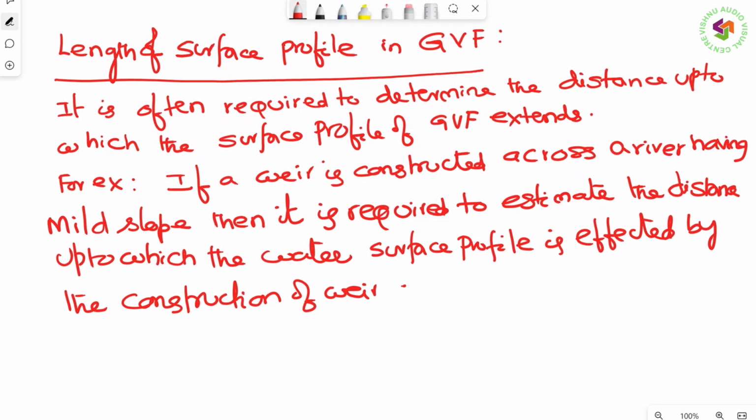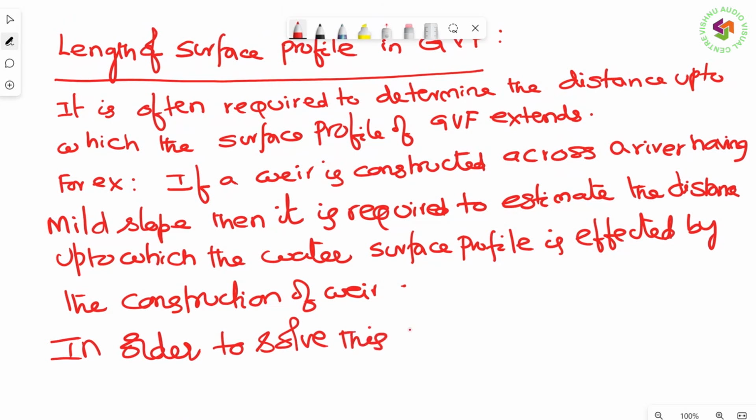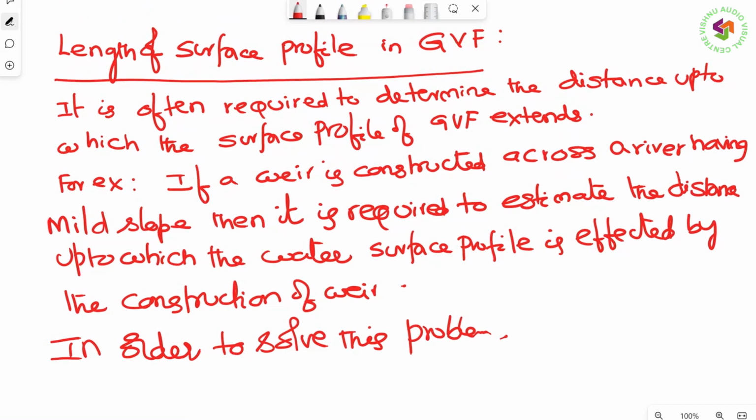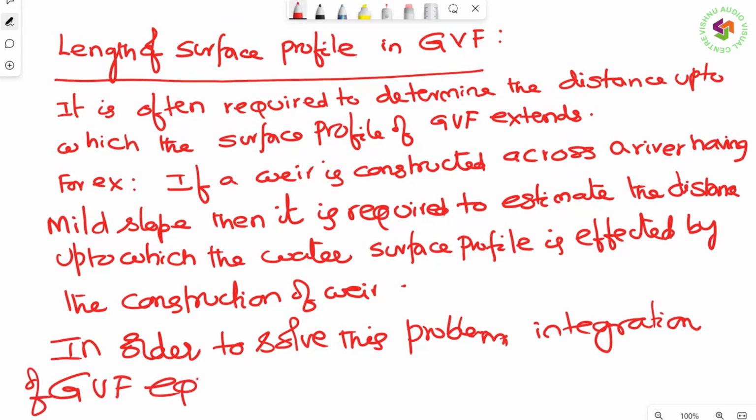So in order to solve this problem, basically, the only thing is integration of gradually varied flow equation is necessary.